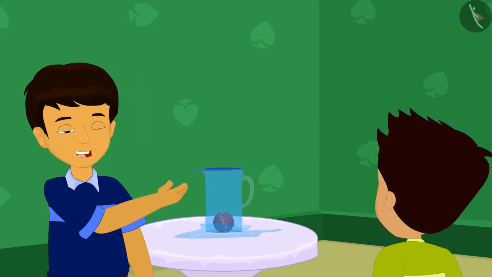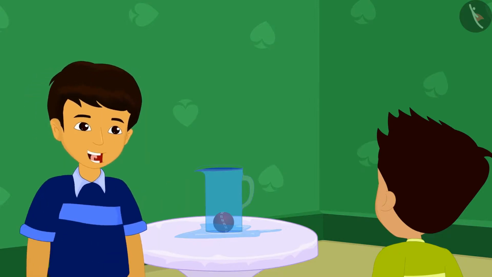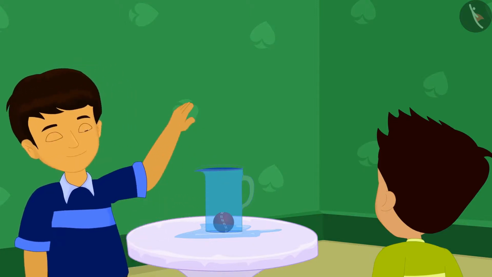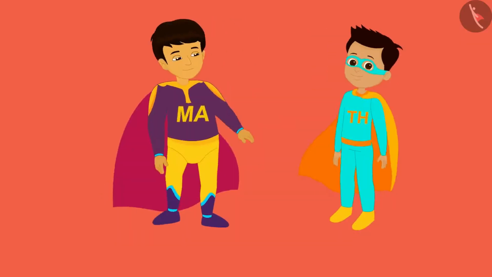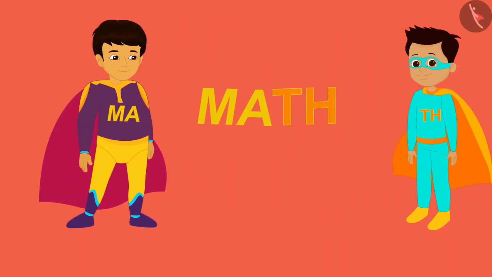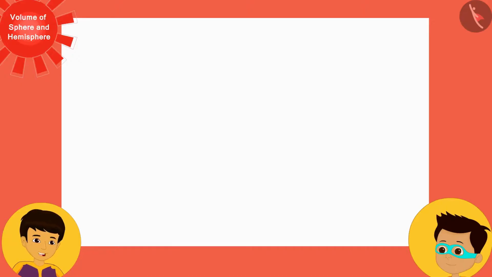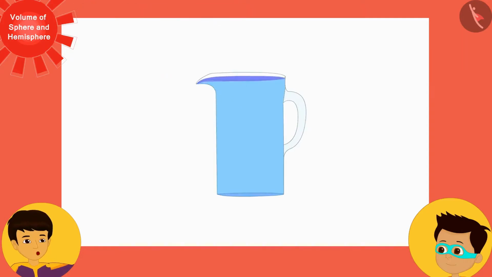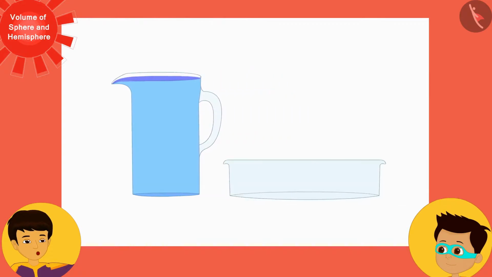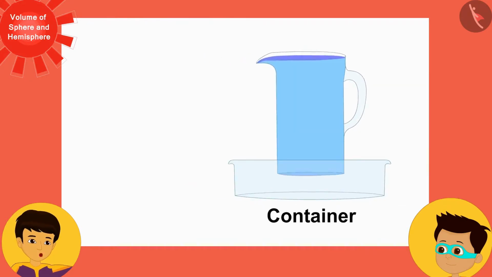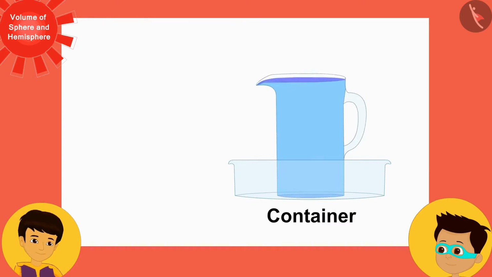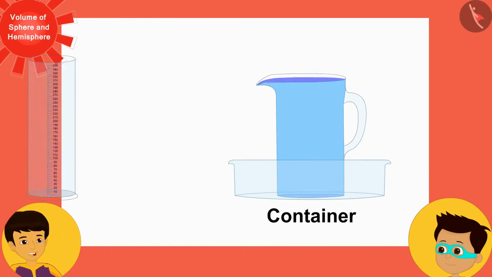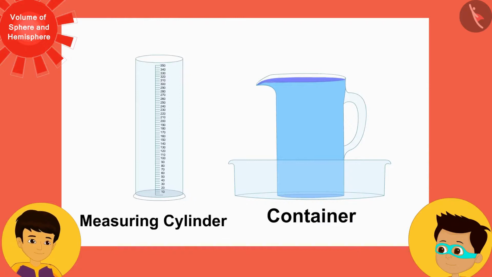This is very easy. Let me tell you the answer through mathematics. It's math time. First, we will fill this pot once again completely with water. Also, we will take a big container in which we will keep this vessel. And we will also need a measuring cylinder.